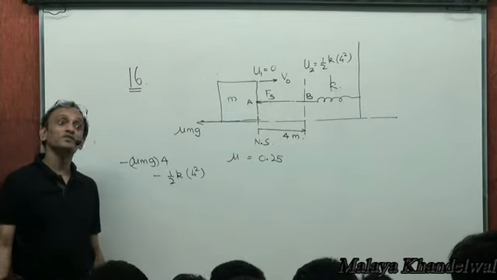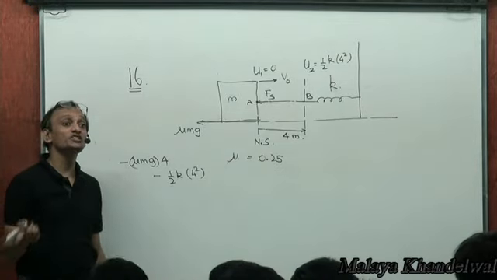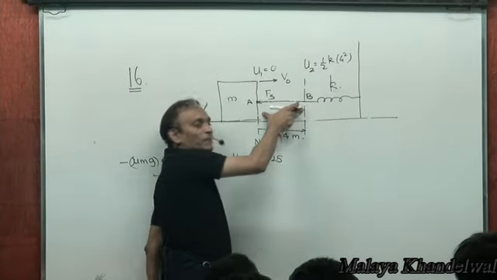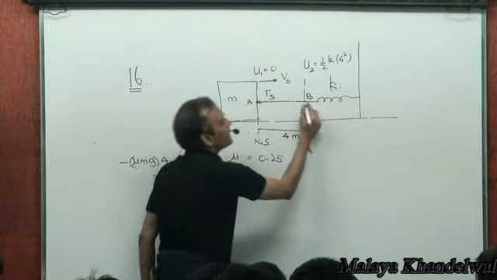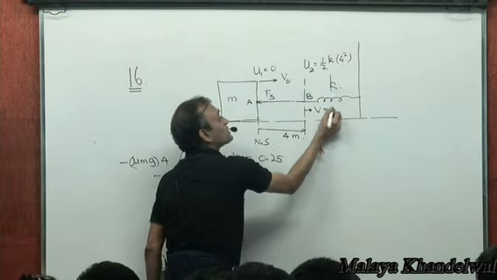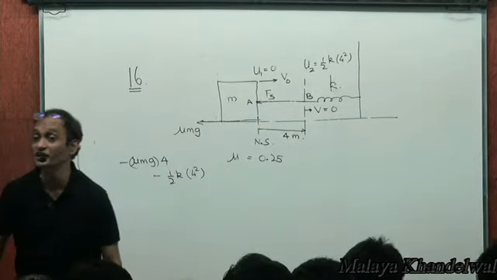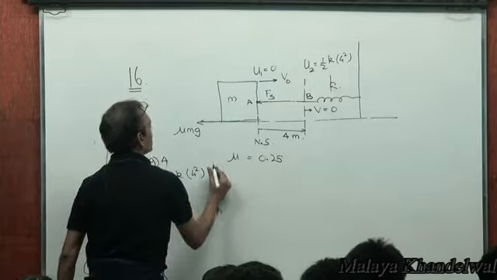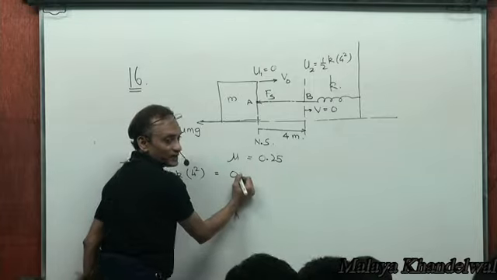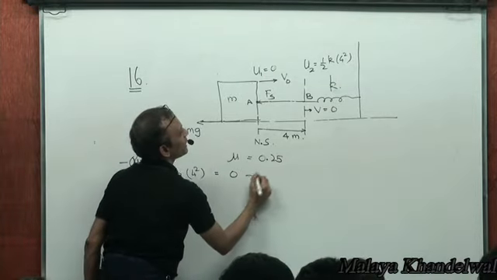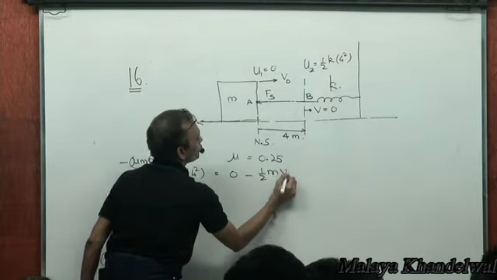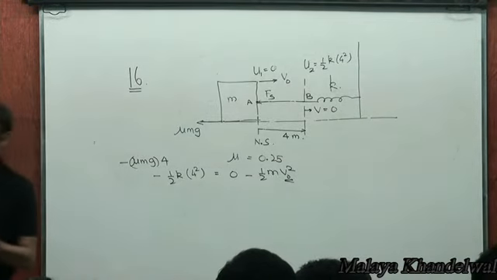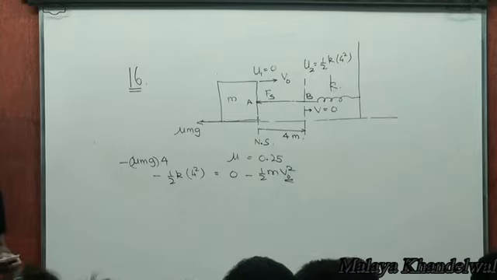And this must be equal to the change in kinetic energy. If this is the state of maximum compression, then the velocity of the block must have become 0 here, because if it didn't, it would compress the spring further. So the change in kinetic energy is final kinetic energy 0 minus initial kinetic energy half m v0 squared. This will enable calculation of v0. Sounds all right?